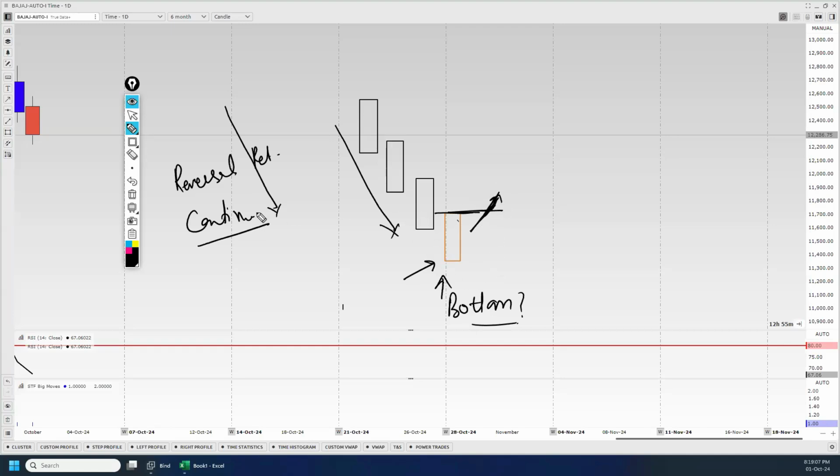So from here, if the candle starts to close positive, the trend would have changed from selling to buying. At that time, this candle can be considered a bottom candle. Now the success rate, whenever a jackpot candle happens, the strength success rate is very, very high.